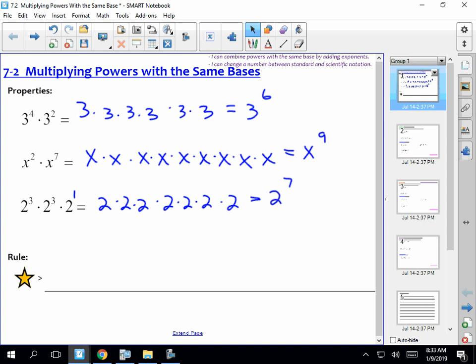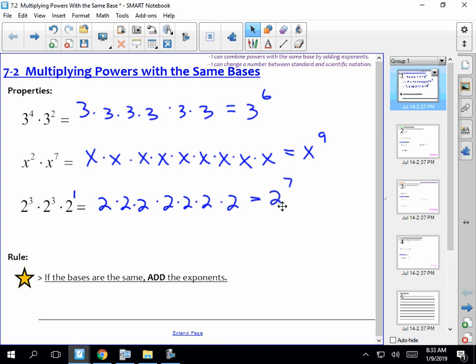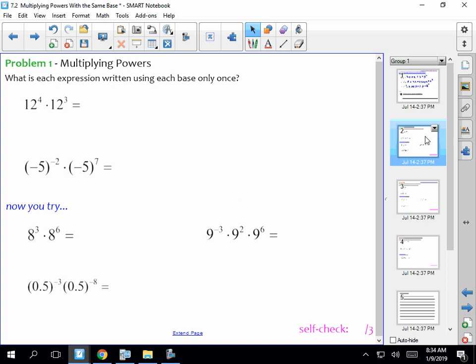Anytime you're multiplying same bases, you add the exponents.